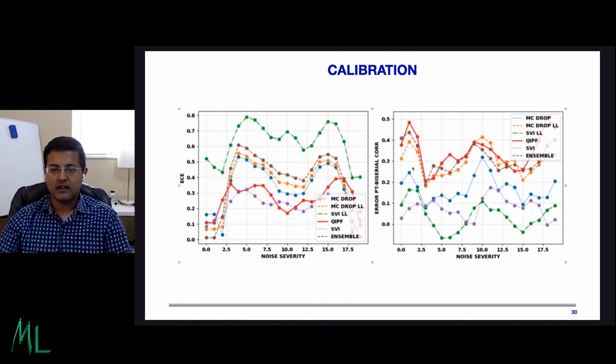And the next curve shows you the correlation of the uncertainty estimates of the different methods with respect to the prediction errors of the model.